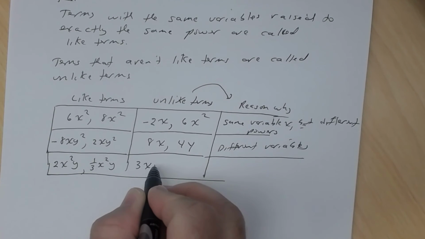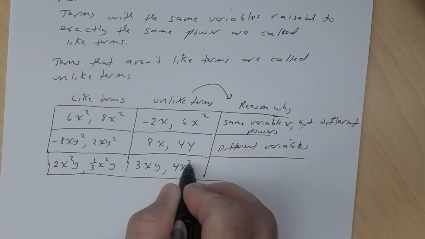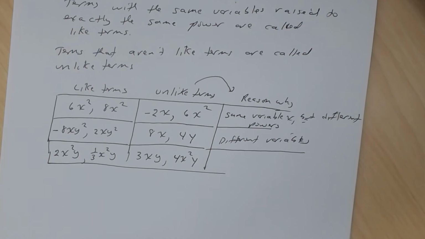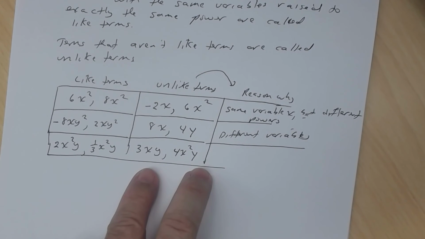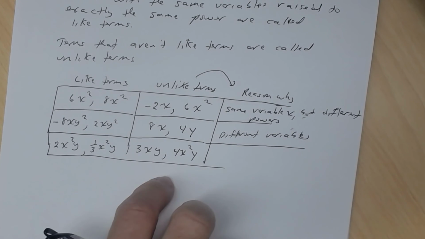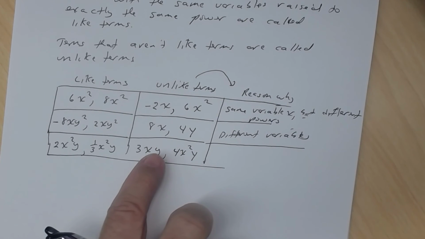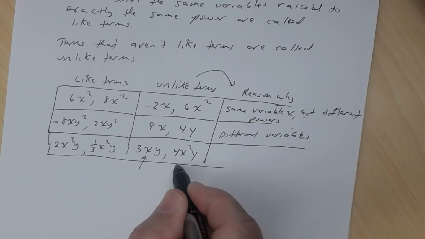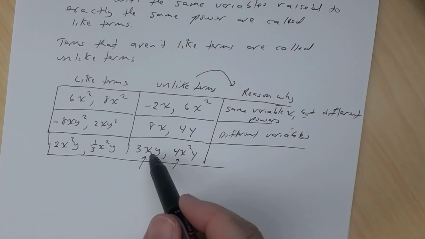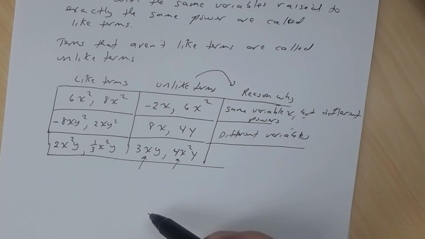Now, what about this? 3xy, 4x squared y. These are not like terms, these are unlike terms because even though they both have x's and they both have y's, the issue is not with the y, because the y's are both being raised to the same power, y to the first, y to the first. The issue is the x's, the variable x. X here is being raised to the first, x here is being raised to the second.